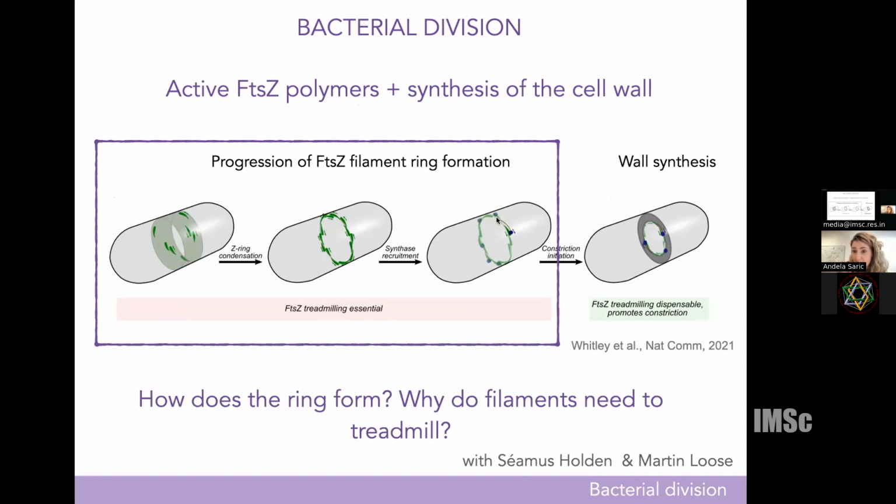Basically, the synthetic machinery of the cell wall attaches to this ring. And the way they divide is that the synthesis of the cell wall occurs at this ring radially towards the inside, and then you build new material in the middle and partition the cell into two.